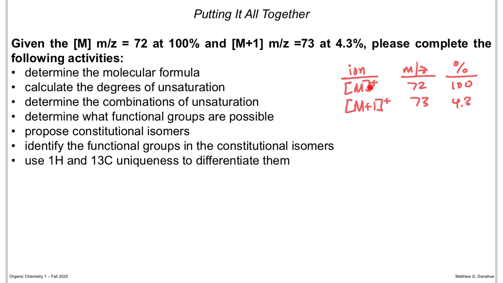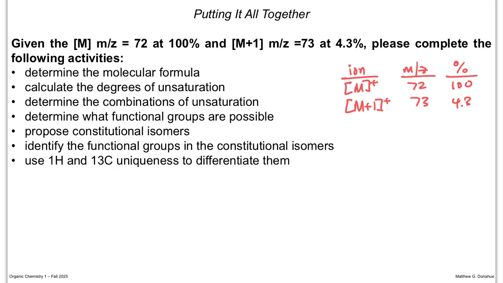So the parent ion has a mass of 72 and an abundance of 100. The M+1, which is at 73, has an abundance of 4.3%. So what can we start claiming about this?